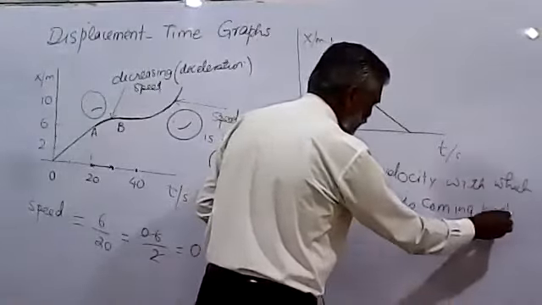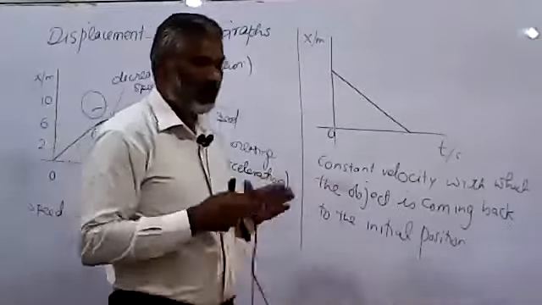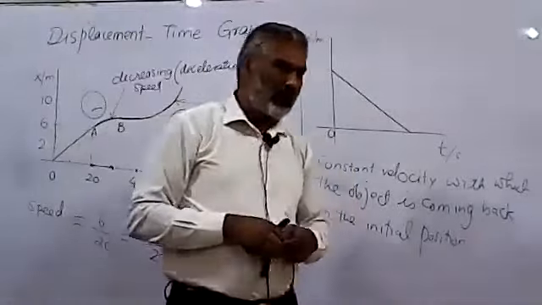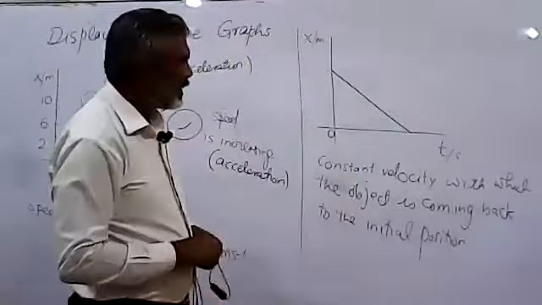So whether this constant velocity is large or small will be decided from the gradient, obviously. If an object starts from the same position, but it covers all this distance in smaller time, obviously it is moving faster.